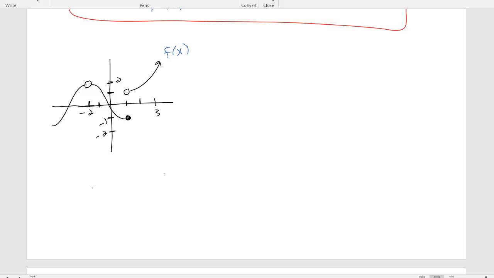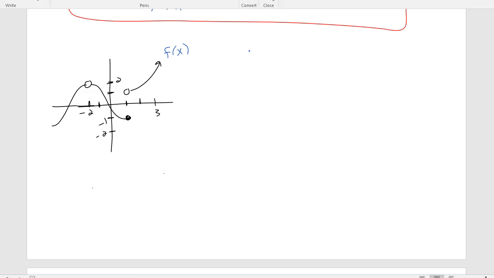I want to focus on the idea that we just discussed of one-sided and two-sided limits. In particular, I want to look at the points where the graph is discontinuous. Let's take a look at x equals -2.